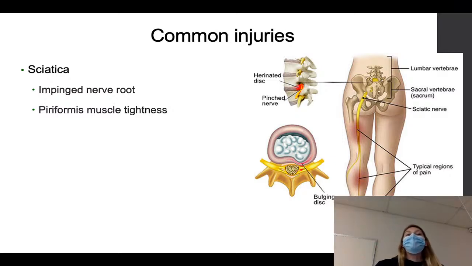When you have an impinged nerve root, basically where the nerve originates from the spinal cord, usually from a bulging disc, you may get that sciatic symptom. Shooting pain is a classic sign of a nerve issue. So shooting pain, numbness, tingling, or sometimes I call it the boiling water sensation.